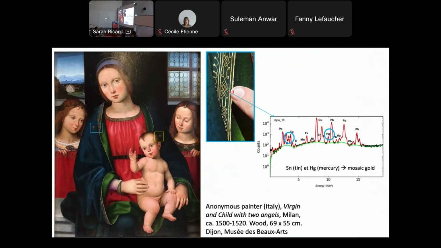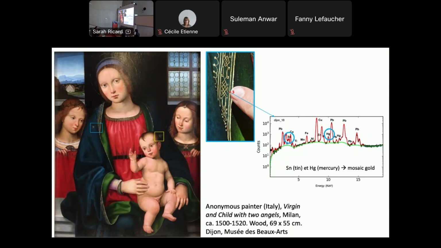And here you have on the orphrey of the Virgin this mosaic gold. This is very interesting because mosaic gold is often described in documents as something that you cannot use to substitute gold, and something that is not proper for use in painting. And here it is very much associated with an image of the Virgin.